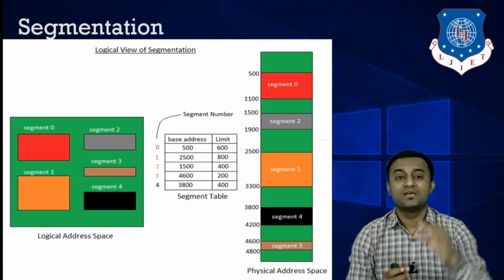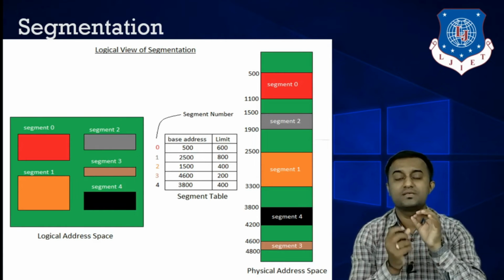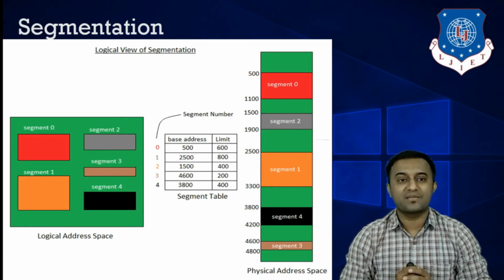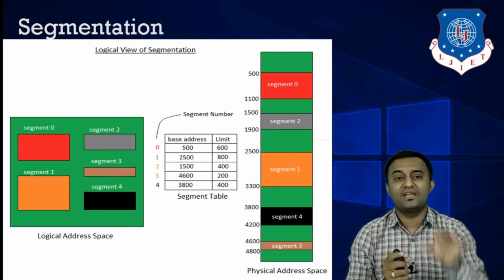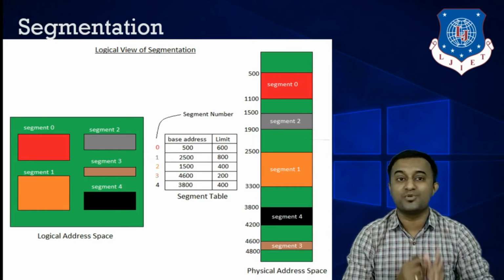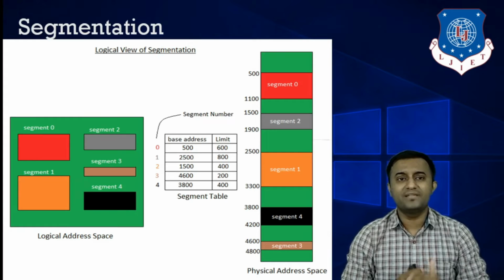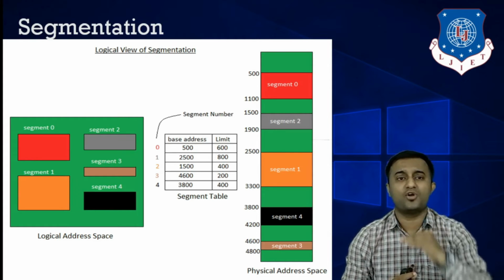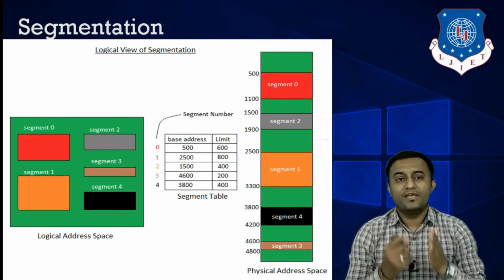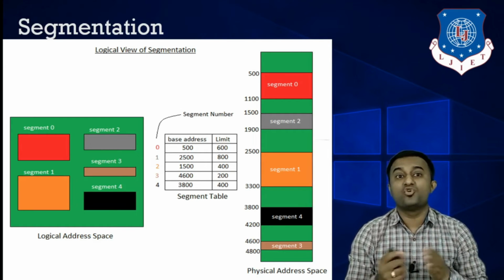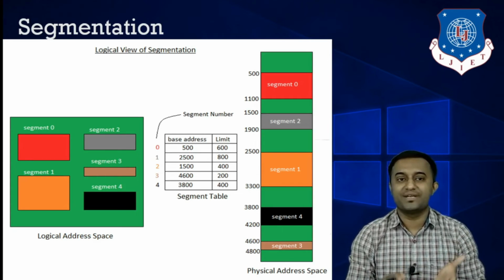But in this case, the whole addition module is included in a separate segment. So if the segment is present, definitely the whole addition module will be executed by the CPU. There is no concept of partial execution of a particular module in this case. So if the segment is available, there is no page fault in the case of segmentation.